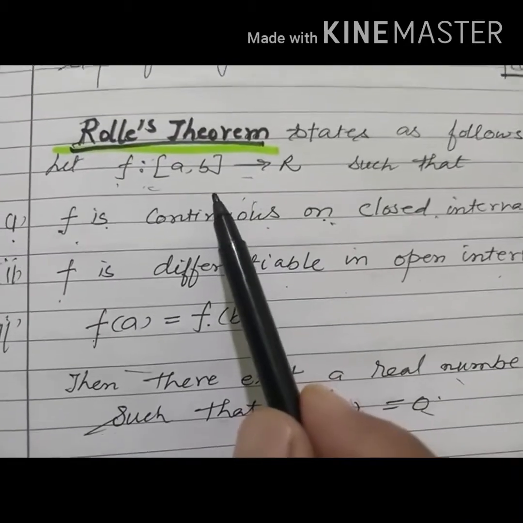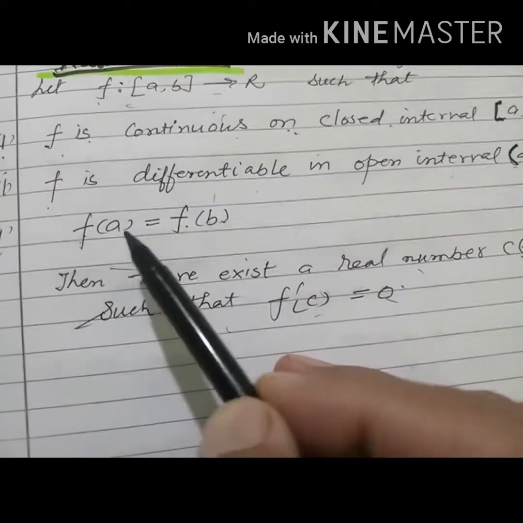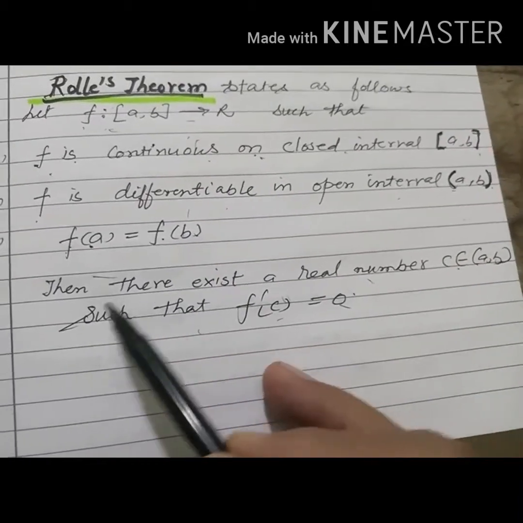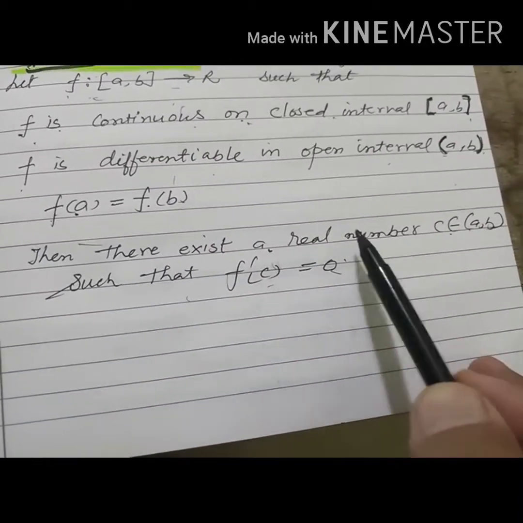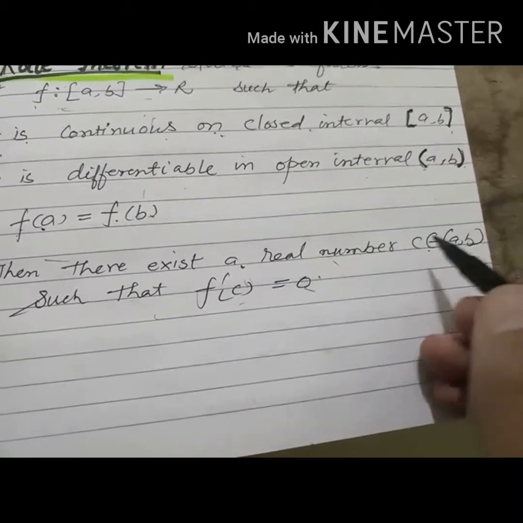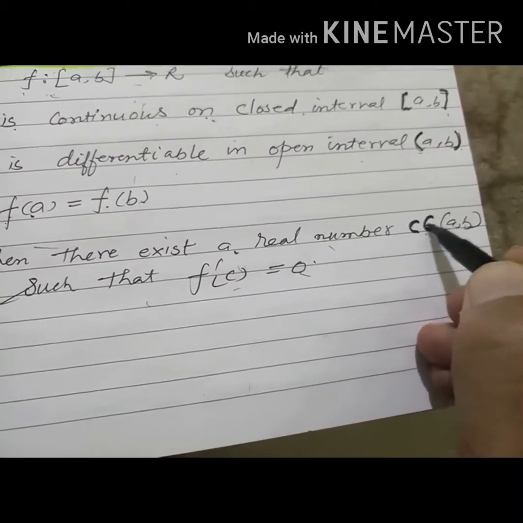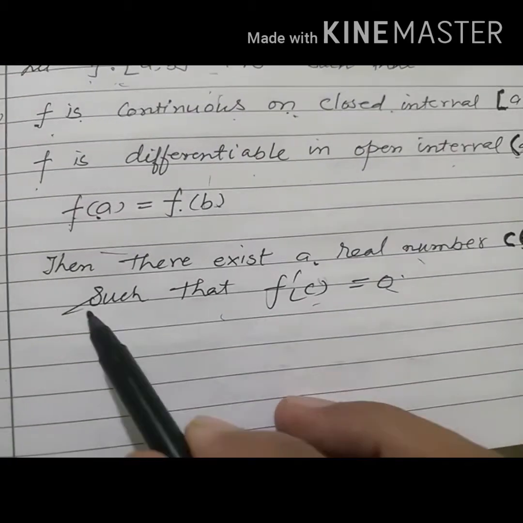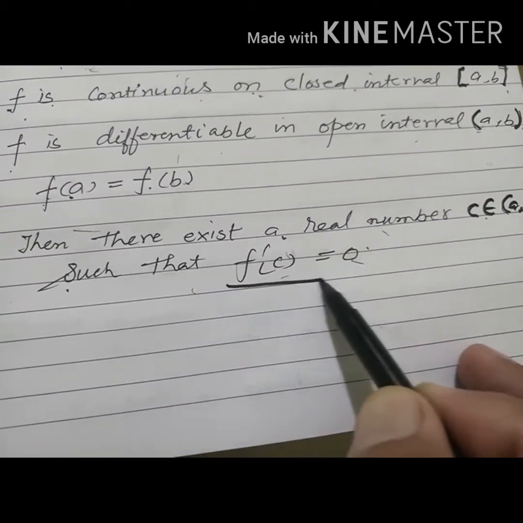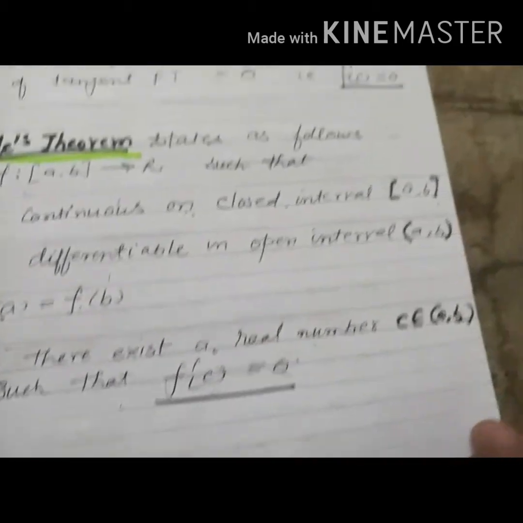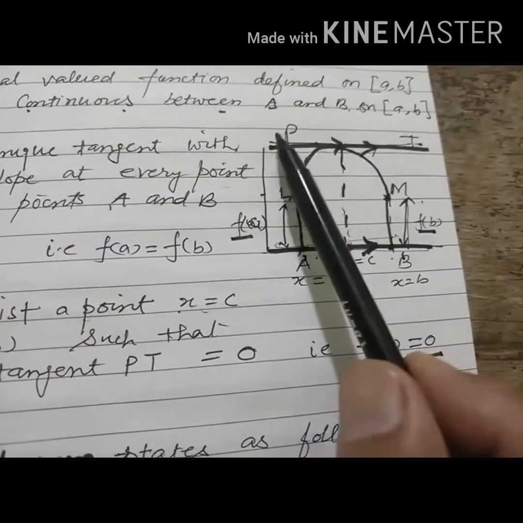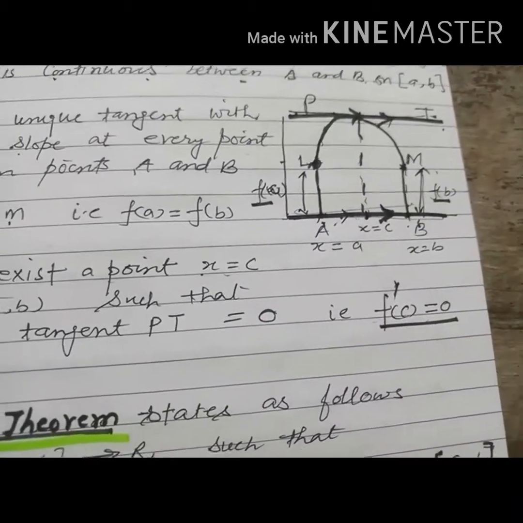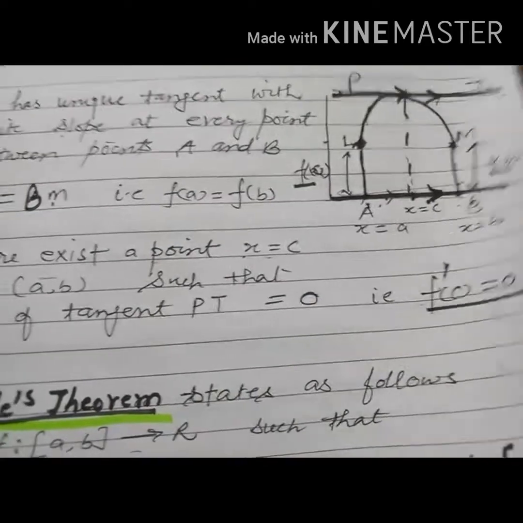If these three conditions of continuity, differentiability and f(a) equals f(b) are satisfied, then there exists a real number c. Where will this c exist? Between a and b, such that f dash c equals 0, meaning the tangent to the curve would be parallel to the x-axis here. This is our Rolle's theorem.